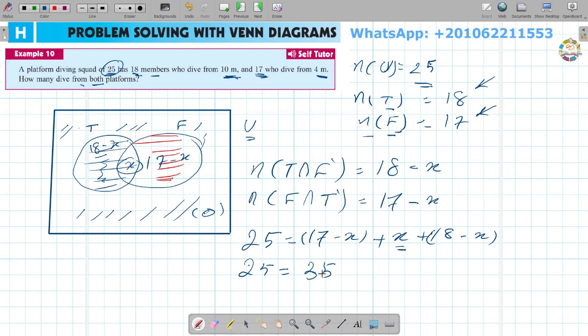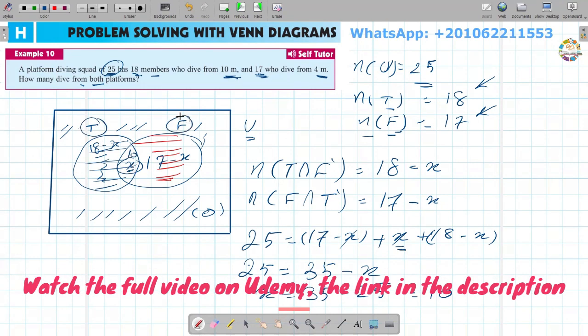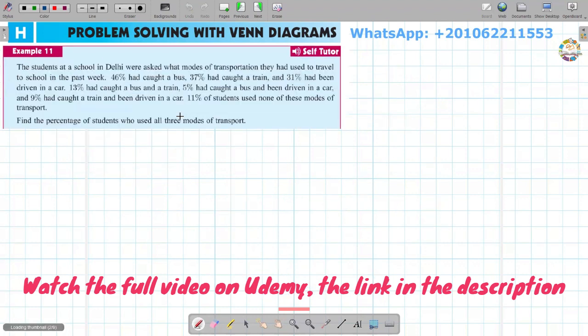It's my mistake. So 17 and 18 is 35, and with negative X and X, and another negative X, X equals 35 minus 25, which equals 10. Then 10 should be common between the T set and F set. And this is the solution. What about this question? This question is really a critical question.